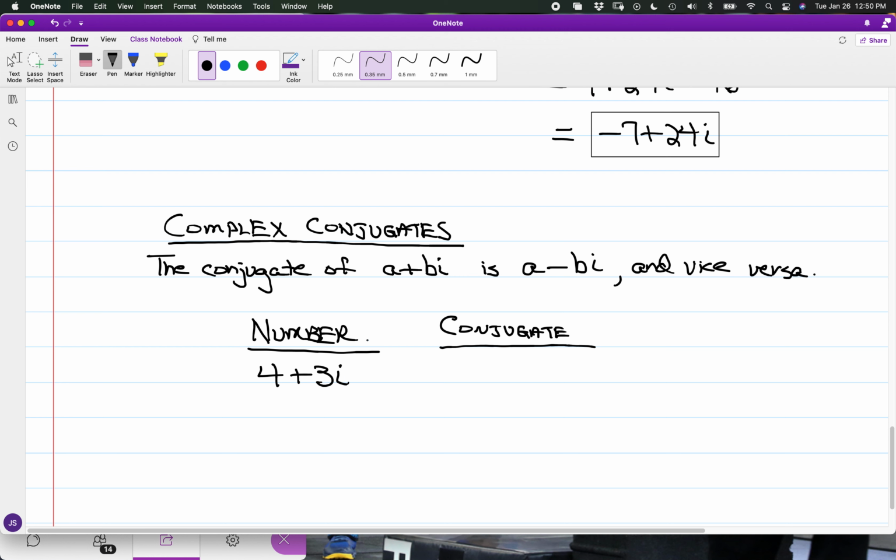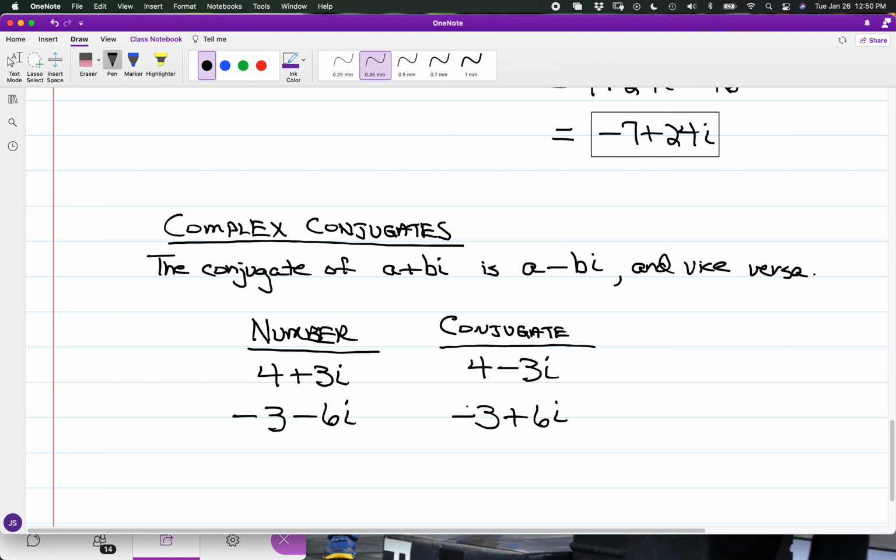Now for the conjugate, you have a plus bi represented by 4 plus 3i, and for the conjugate you still have 4 and 3i, but the 3i is going to be subtracted. So addition in one will be subtraction in the other. And if I have, let's say, negative 3 minus 6i, the constant term at the front, the number that is not attached to i, is going to remain as it is. So you have negative 3, and for the conjugate of negative 6i, that's going to be plus 6i.